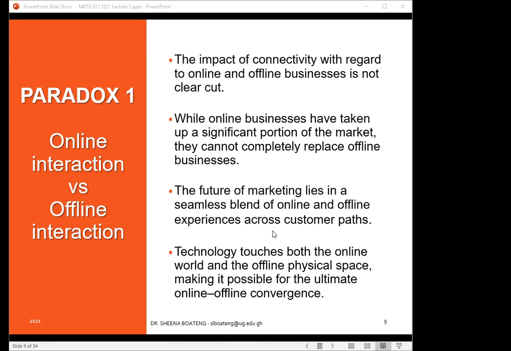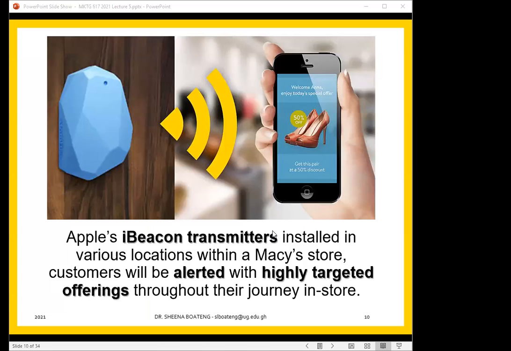Now, a typical example of this offline-online convergence can be seen in one of Apple's new technologies, which is known as the iBeacon, right? So the iBeacon is a transmitter device that can be installed in any physical location. Now, this is how it works. The iBeacon wirelessly connects to the phone of individual users of applications that belong to these retailers who operate these physical locations.